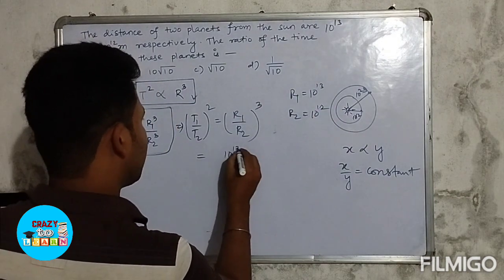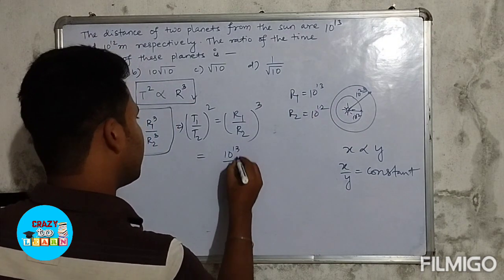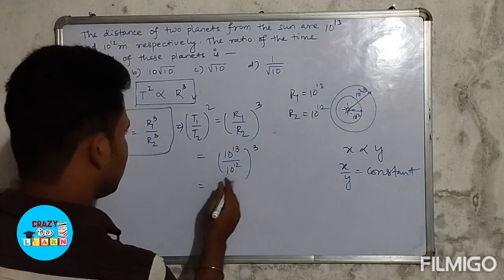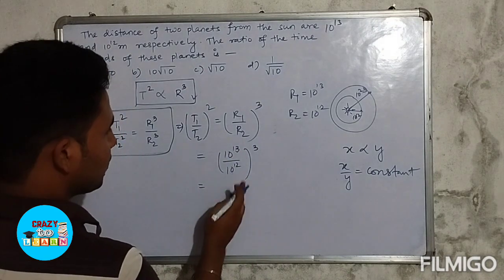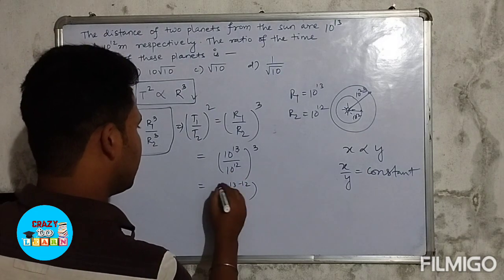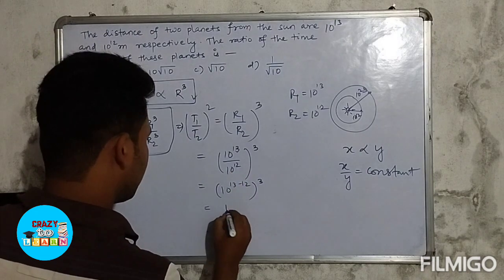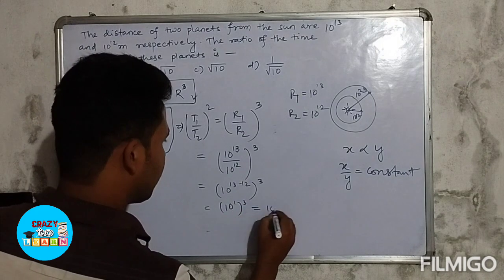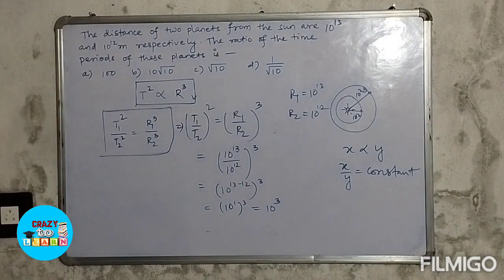So 10 to the power 13 divided by 10 to the power 12 whole cubed. When you move 10 to the power 12 to the numerator, you get 10 to the power 13 minus 12, whole cubed. So 10 to the power 1 cubed, which is 10 to the power 3.